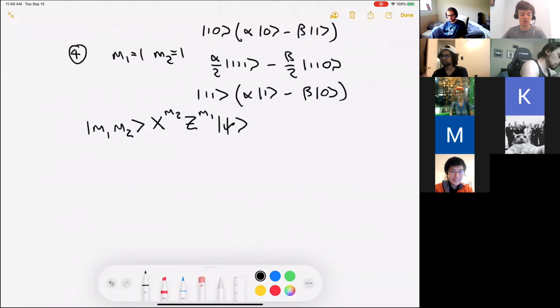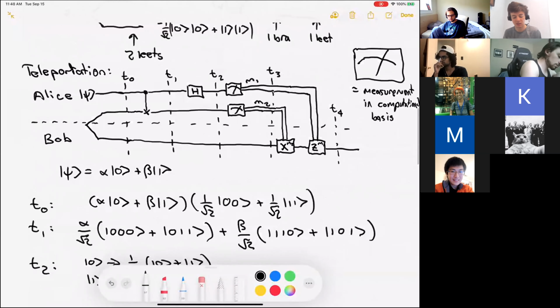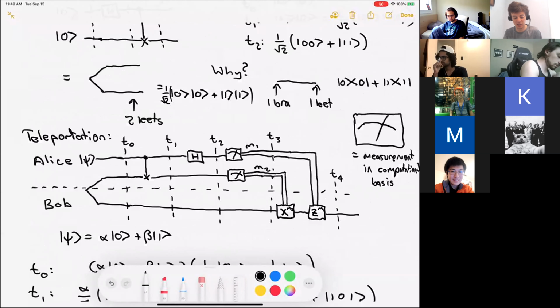Okay. So then our final step, our circuit's not done yet. Our final step is just to apply, based on, we send the classical measurement outcomes over to Bob, and then he just applies X to the power M2 and Z to the power M1.